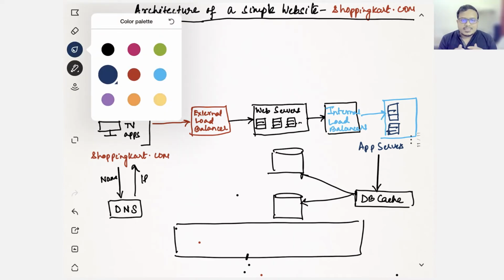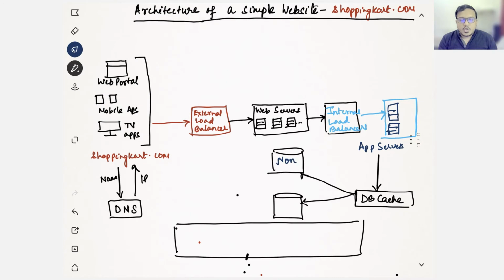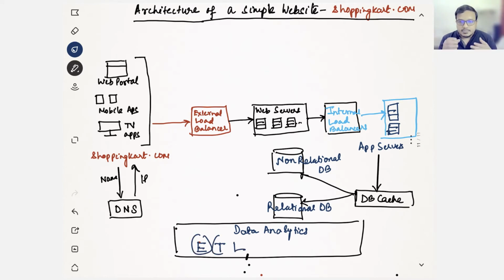Now, let's say our shoppingcart.com becomes really popular and our servers are not enough and we want to increase our traffic capacity. So as I said, we will have load balancers, and we will have auto-scaling groups where we will define that these are the images of our application servers.